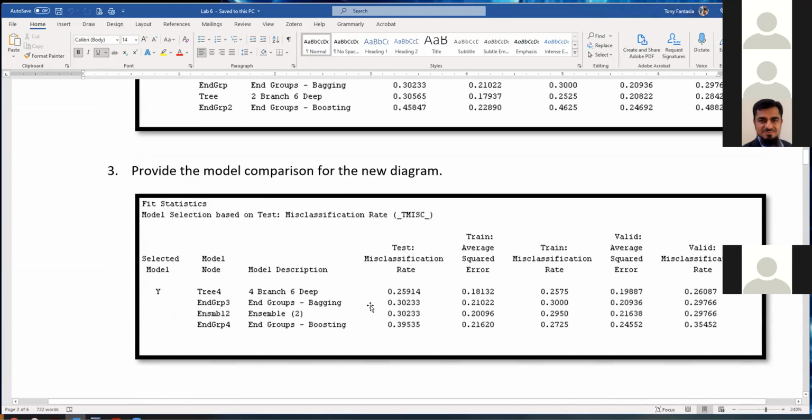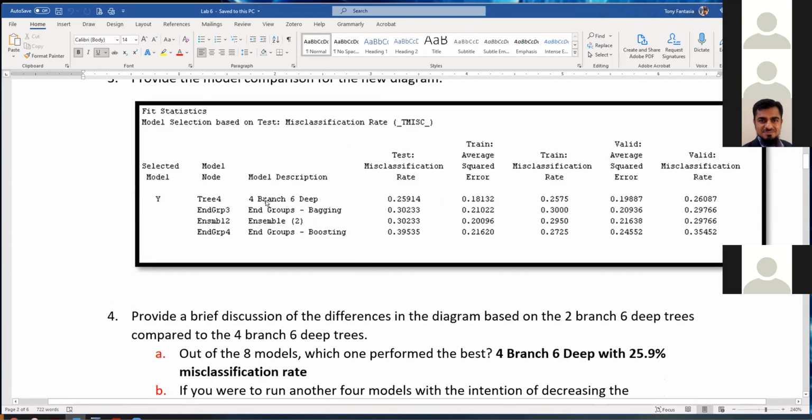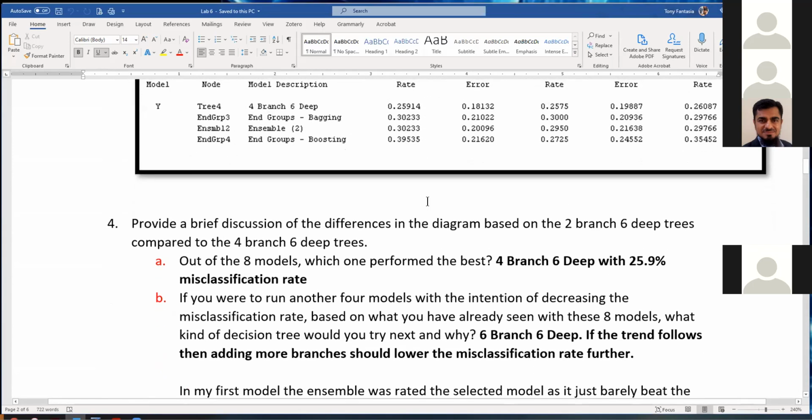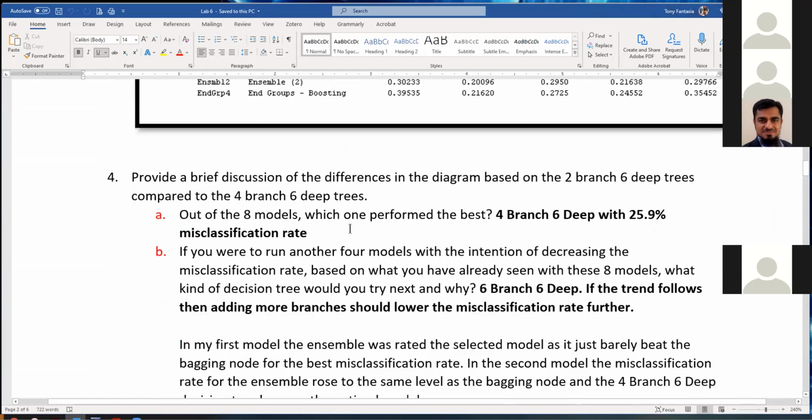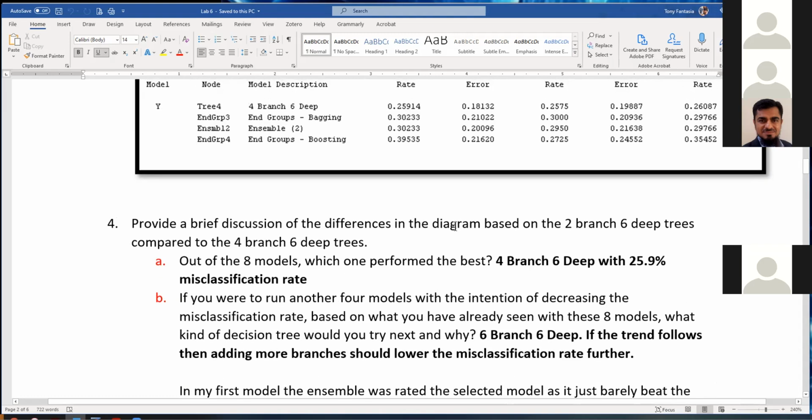So for the new diagram with the 4 branch 6 deep, I got the 4 branch 6 deep as the recommended model with the best misclassification rate. For number 4 of the 8 models, because remember there's 4 per model cluster, I came up with the 4 branch 6 deep with 25.9% misclassification rate as my overall best model.